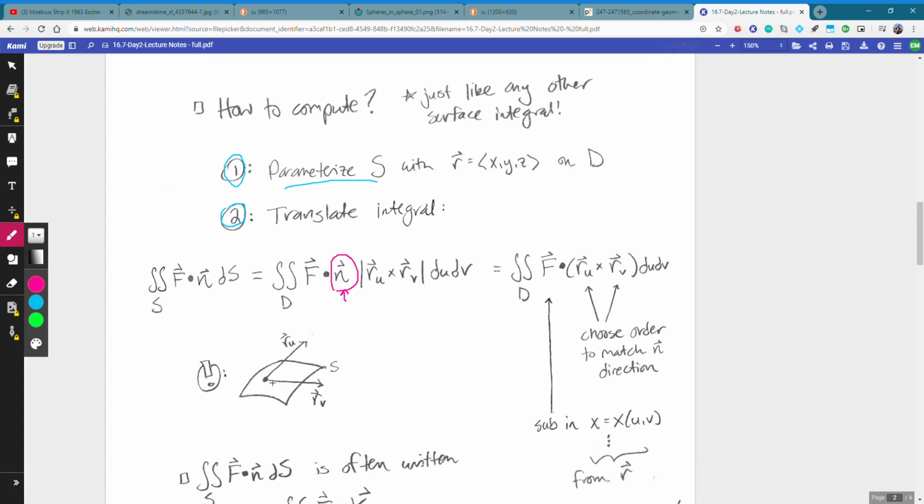If I want it to be pointing straight up, think about the right-hand rule, this would need to be r_v cross r_u.